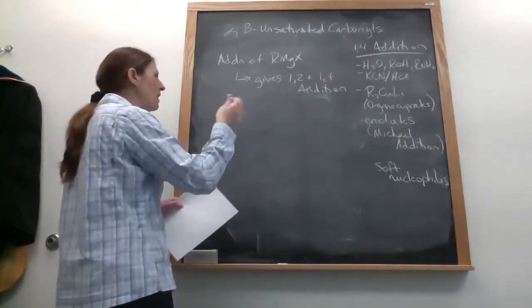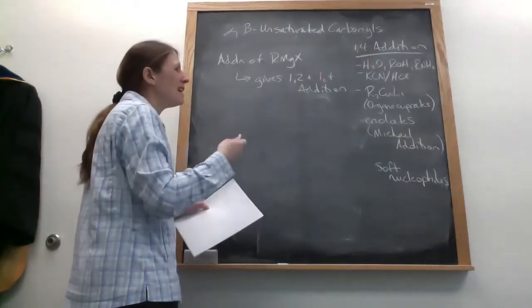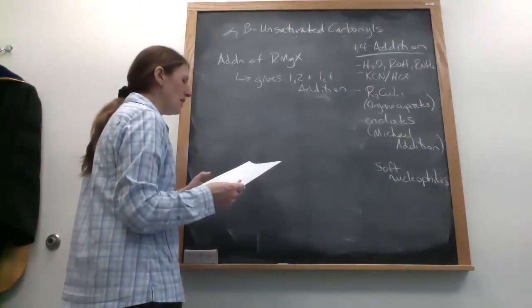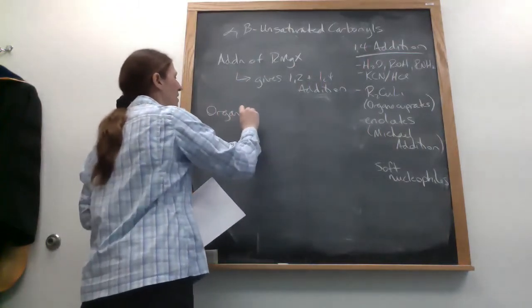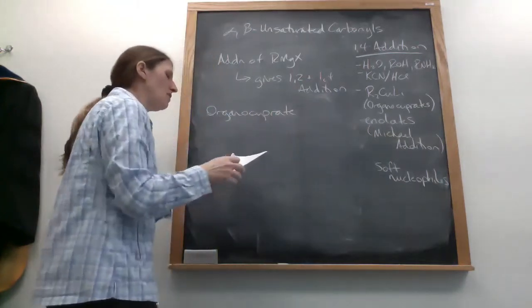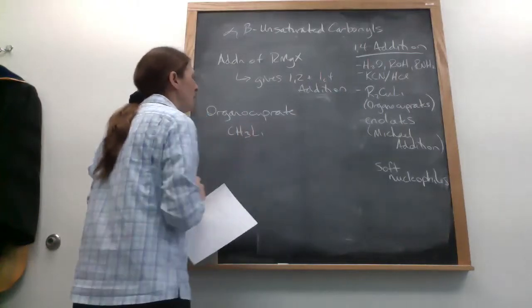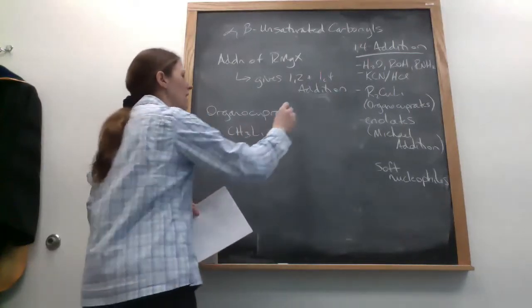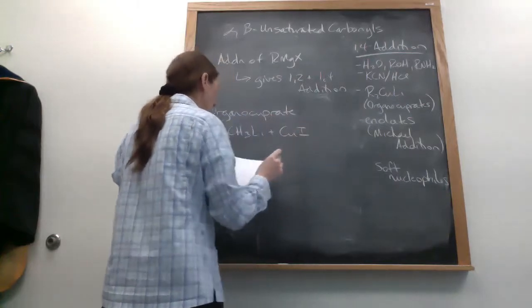Instead, if I want to make a carbon-carbon bond beta to an alpha beta unsaturated carbonyl, I use something that's known as an organocuprate. These are considered soft nucleophiles, and they're made by the reaction of an organolithium with copper iodide.